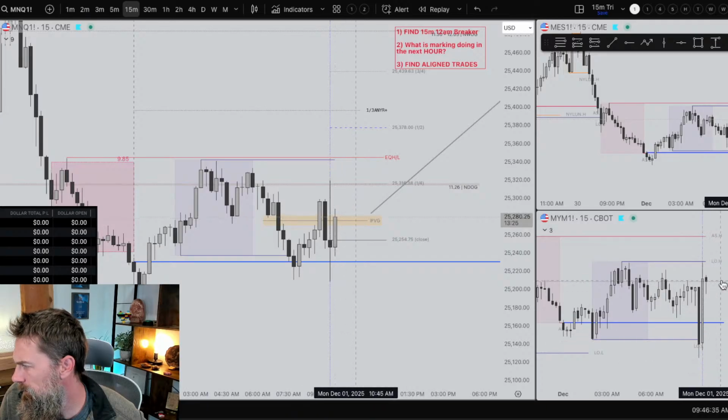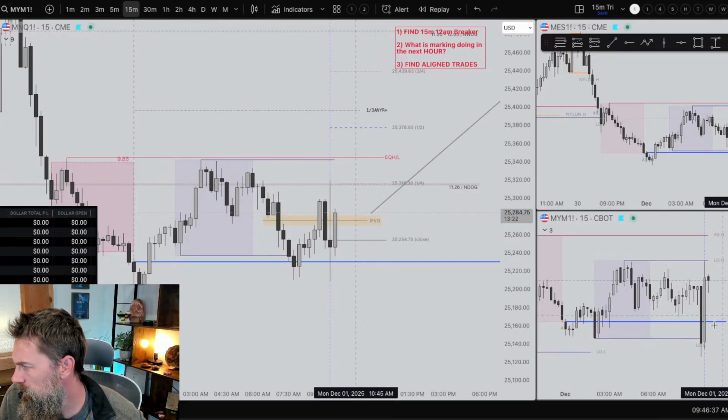YM has, on the 15-minute, nice bullish reversal C3 candle.